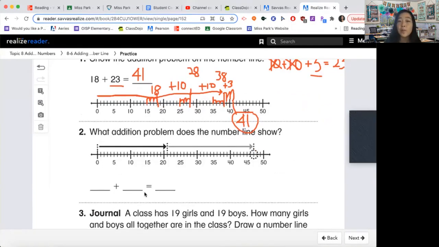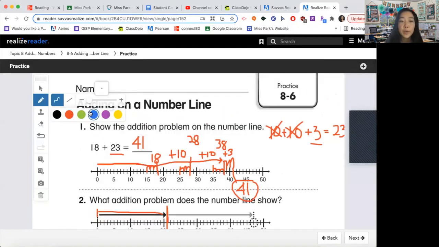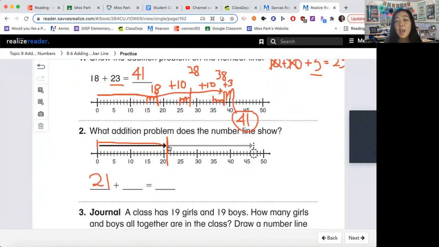What addition problem does the number line show? So the first black bar is going to be your first number that goes right here. This bar right here in orange that I'm going to do, it stops at the number after 20. So the number after 20 is going to be 21. Now this next bar, which I'm going to color in blue, is going to be how many more you need to get to your total, which is going to go right here.